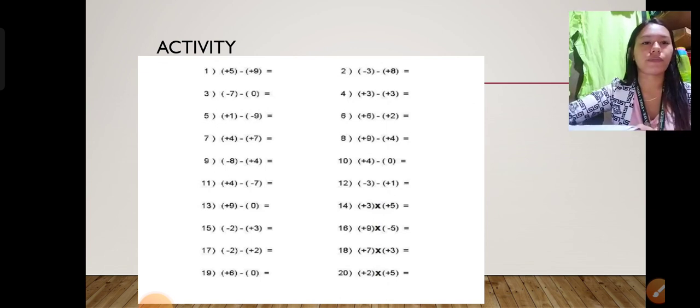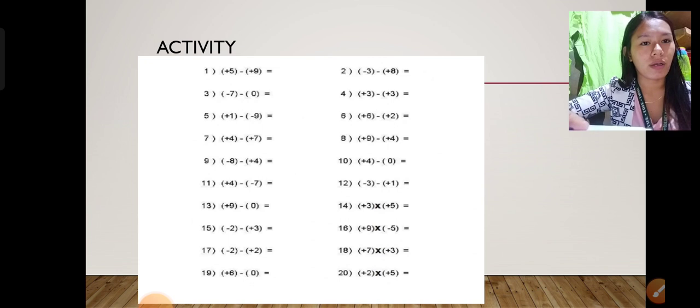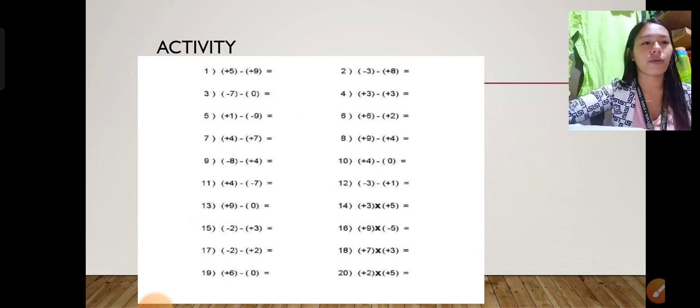Okay, before we proceed to our assignment, what is the answer to number 20? Let us answer number 20 first. So number 20, 2 times 5, since both are positive, who can answer number 20?